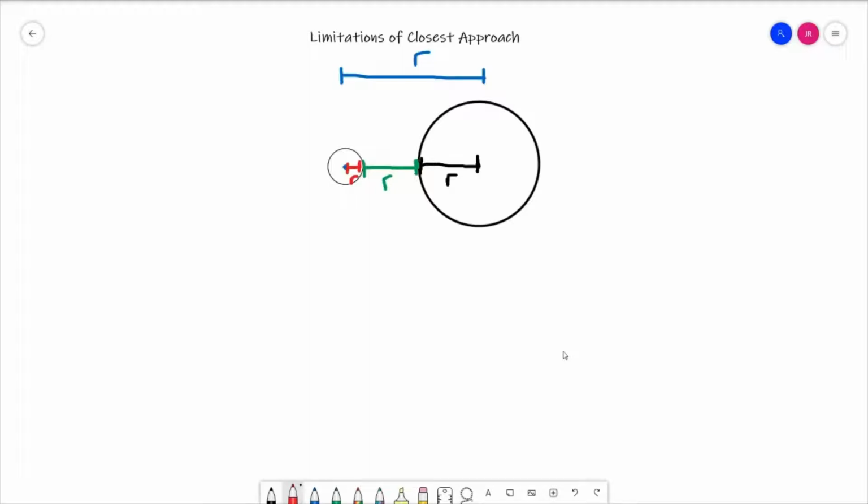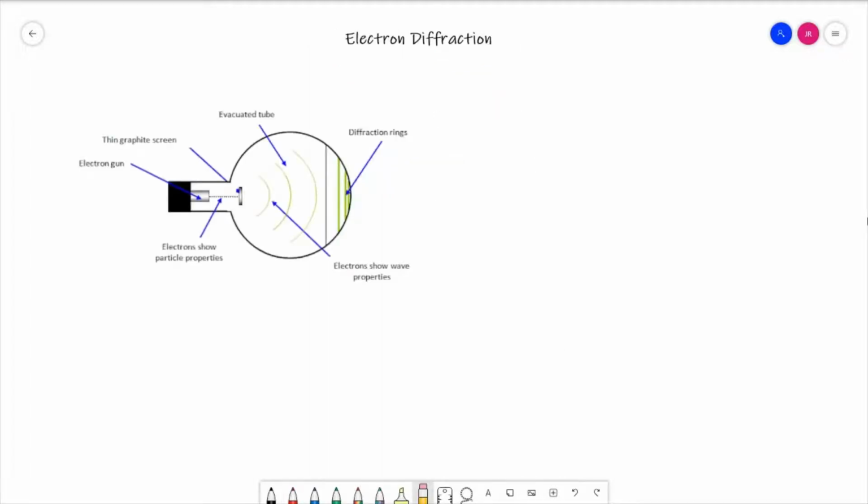So therefore the closest approach methodology does have its limitations, and we can only therefore get an estimate of what the nuclear radius is. Therefore we need a better method, a more accurate method of trying to measure nuclear radius. So in order to get a better estimate of nuclear radius, we need to move on to look at using electron diffraction.